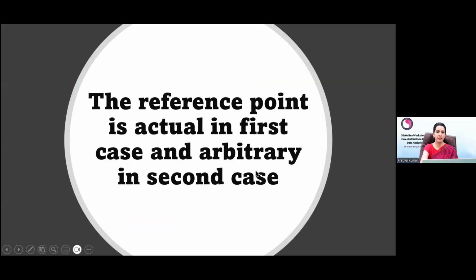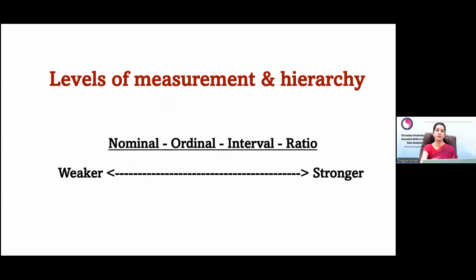So now, again talking about the same thing Dr. Ravi was saying, the reference point is actual in the first case, whereas it is arbitrary in the second case. If you see the levels of measurement and the hierarchy of these measurements, nominal has got the weakest, and ratio is the highest one in the hierarchy.